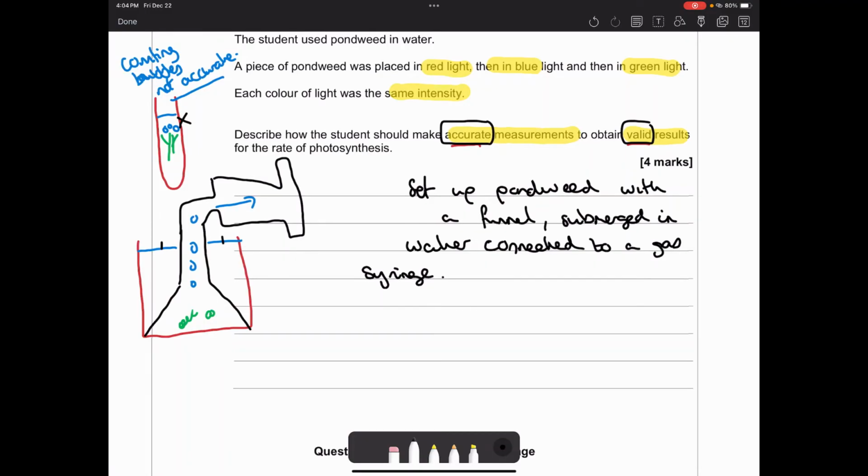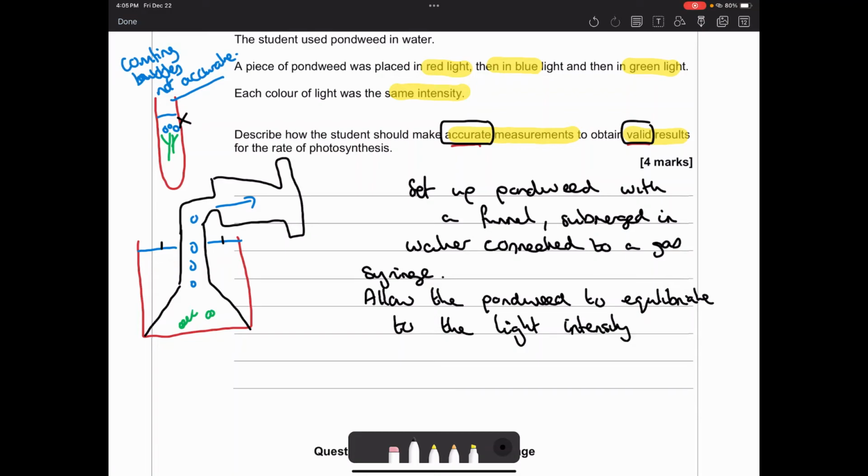So what I would then do, after I've set it up, is allow the pondweed to equilibrate to the surroundings. Basically that means get used to the surroundings that it's in, or equilibrate to the light intensity.